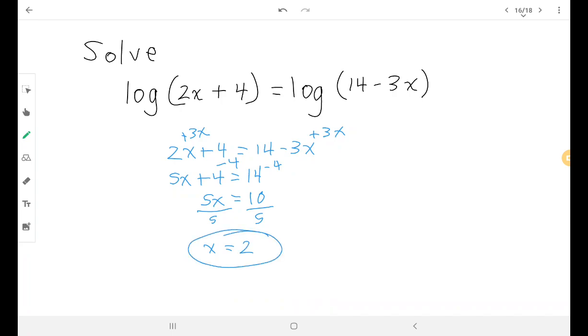Now, one of the things that you have to do when you do these is check and make sure that nothing inside of the logarithm comes out to 0 or negative, because those are impossible in logarithms. So if you look back at the top and plug in for 2, nothing comes out negative, nothing comes out 0, so you're okay. So I'll give you a moment to look at that.